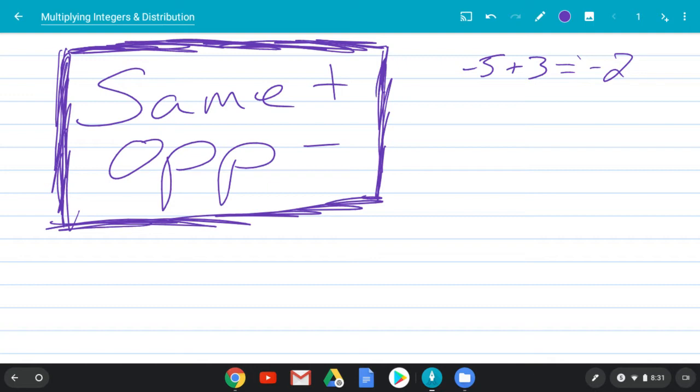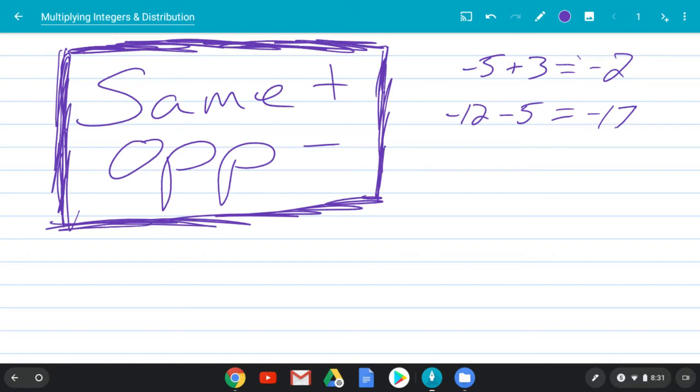Now, it takes me a long time to say all that, but it doesn't take us a long time to actually do it. And then if we had -12 minus 5, we see that both the signs are the same, so we would add the numbers and get -17. That's what we dealt with yesterday.